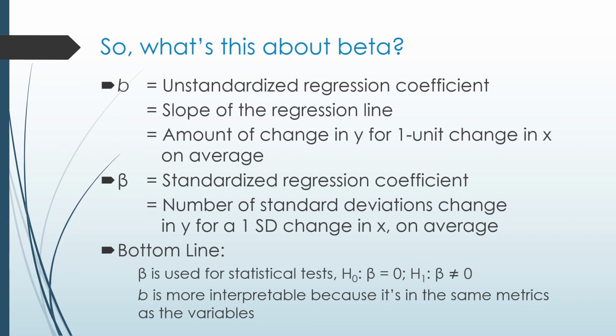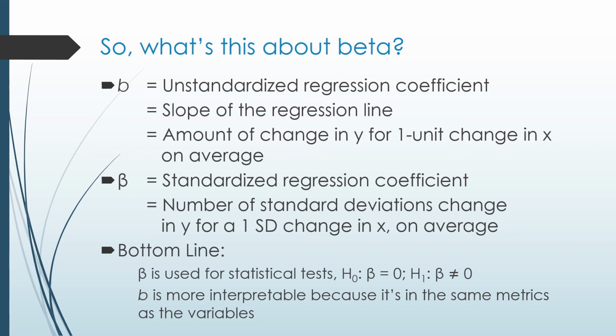On the other hand, the B is actually more interpretable because it's in the same metrics as the variables, so it's easier to talk about. If we have a 1 unit increase in the score on test A, we would have a 0.6 unit increase in the score on test B.